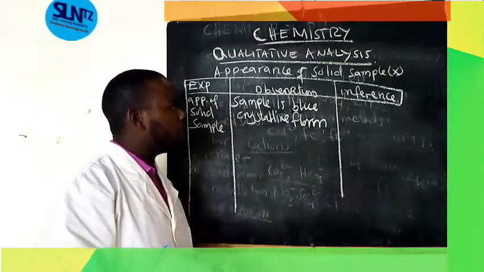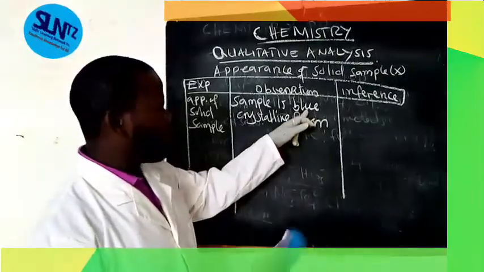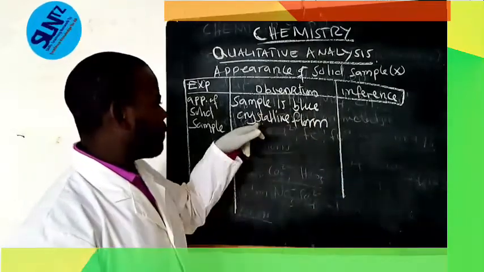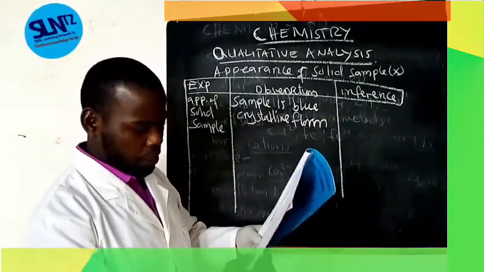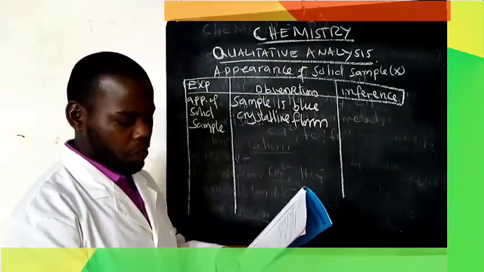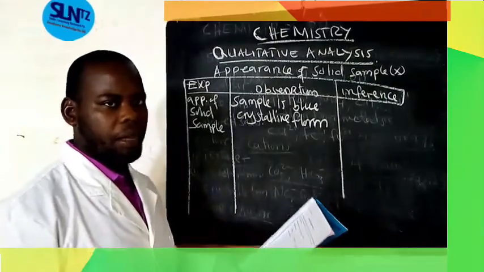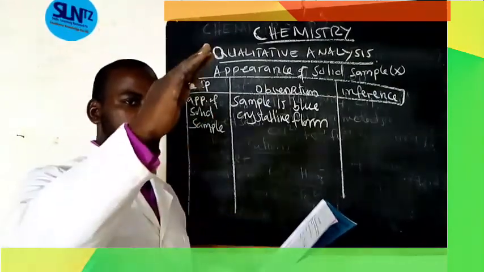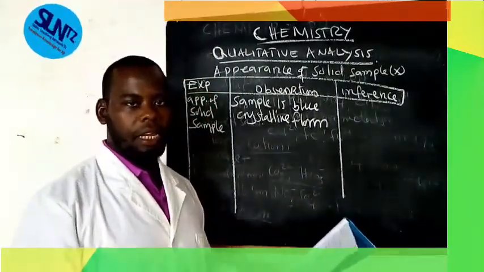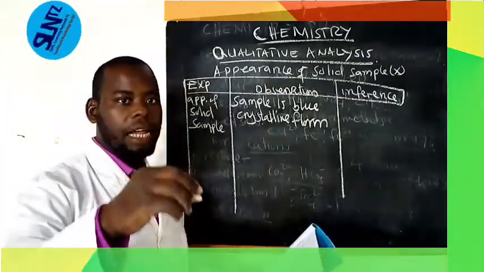So how to write the inference? How to join? Because blue, the inference shows copper may be present, but crystalline shows nitrate, sulfate, chloride ion may be present. So I will write by starting with the anion, because copper is the cation. You have to write the anion of the cation.